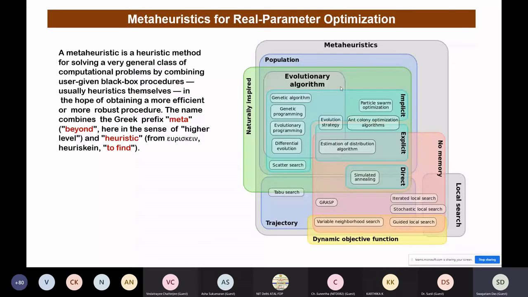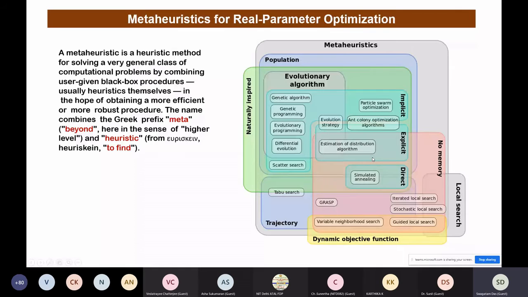So the foraging behavior of a school of fish or flock of birds, collective intelligence exhibited by social creatures, that comes under this side: particle swarm, ant colony, and so on. And on this side, we have local search-based methods, trajectory-based methods.